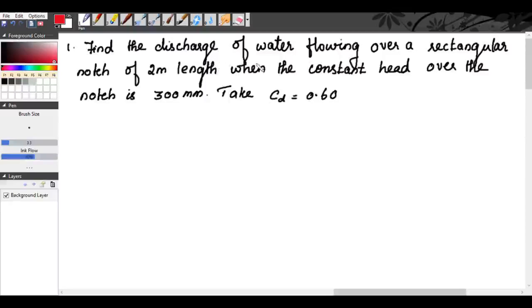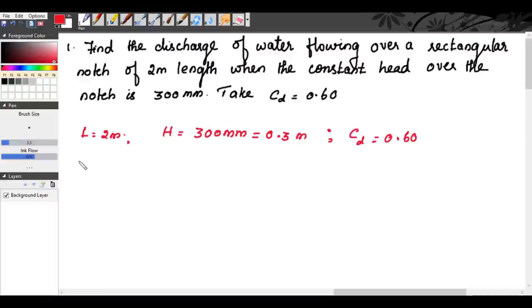So find the discharge of water flowing over a rectangular notch of 2 meter length. So L is given as 2 meter, when the constant head over the notch is 300 mm. That means your head H is equal to 300 mm, that is equal to 0.3 meter. Take CD is equal to 0.60.